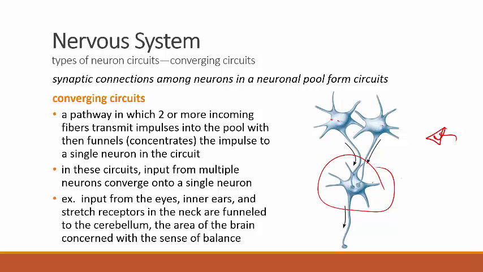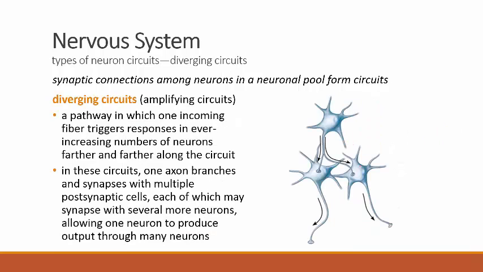The opposite of a converging circuit would be a diverging circuit, where one or a small group of neurons sends axonal transmission to one neuron and then to another neuron via a collateral. So one neuron is spreading its signal to multiple neurons, and these neurons may then spread their signal to even more neurons.